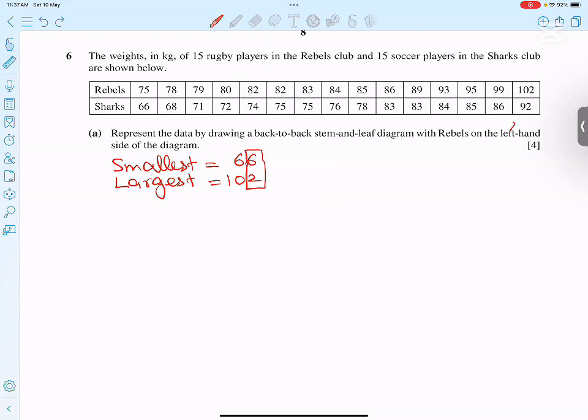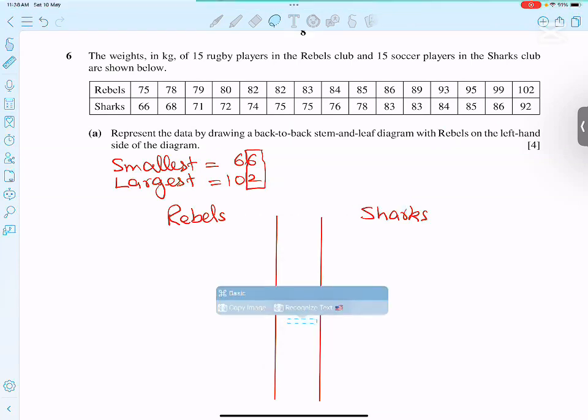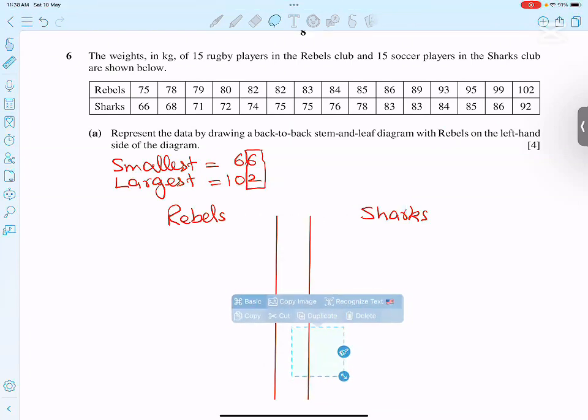He said the left-hand side must be R and S on the right-hand side. So what to do? 6 to 10, we write in the middle: 6, 7, 8, 9, and 10.